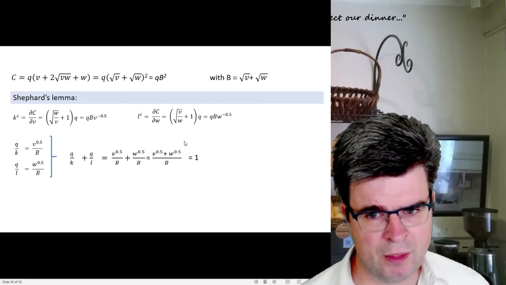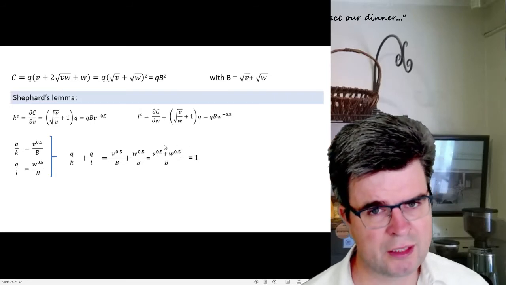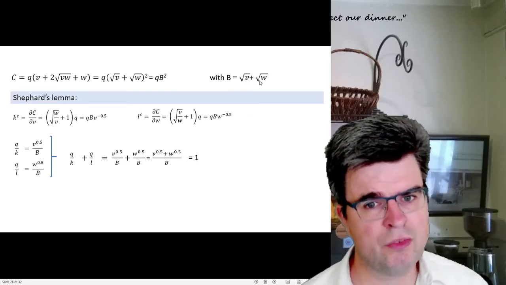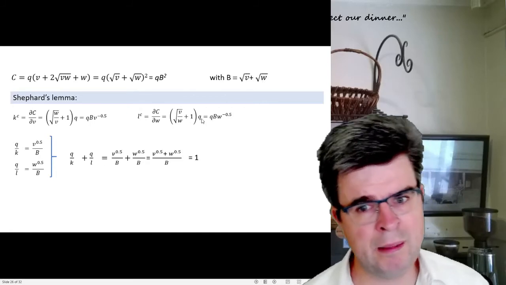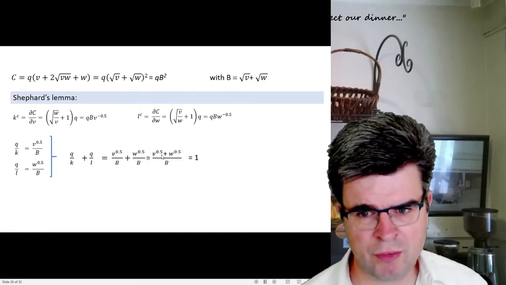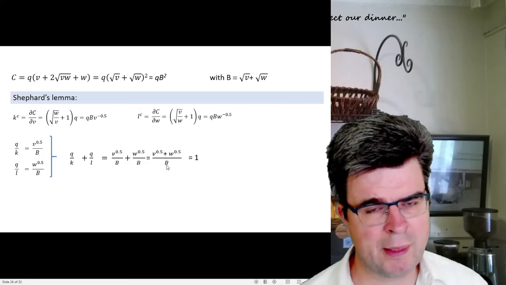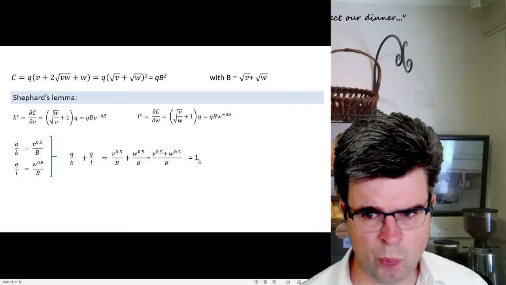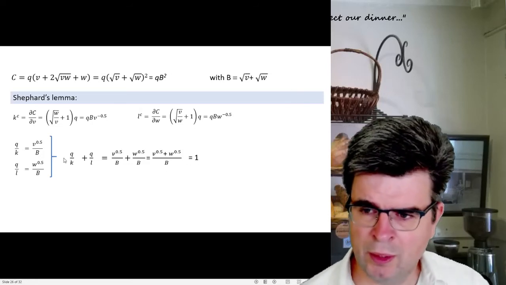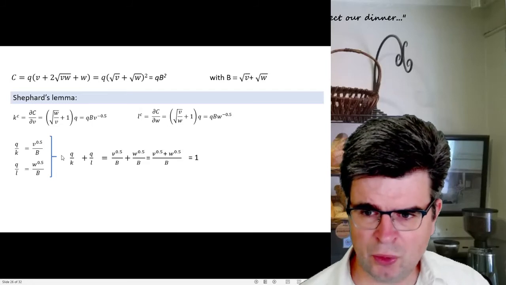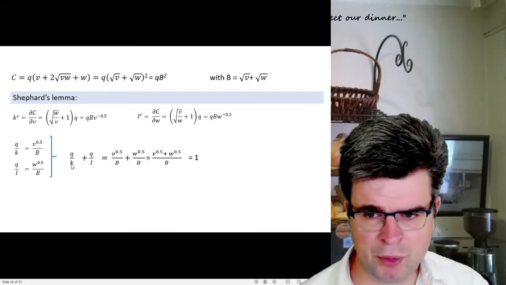But here you can see that this is exactly identical to how we defined capital B. So actually what we have here is capital B divided by capital B, which equals 1. And this is an alternative way to derive the production function.